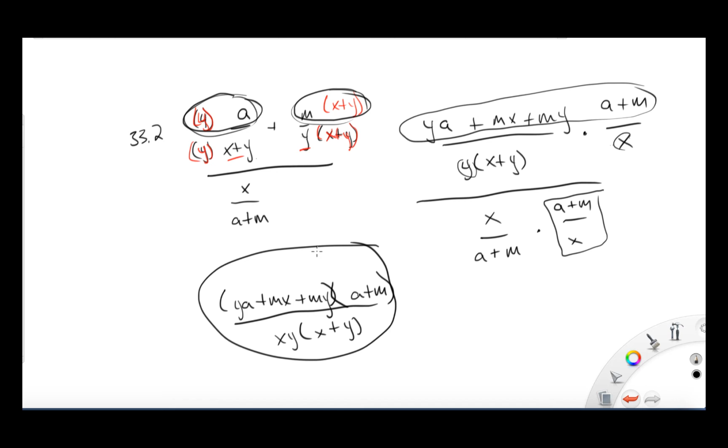And that's our answer. Okay, so you're going to see this kind of problem in your textbook. You're going to see this in 6 and 7. So let's do number 6.